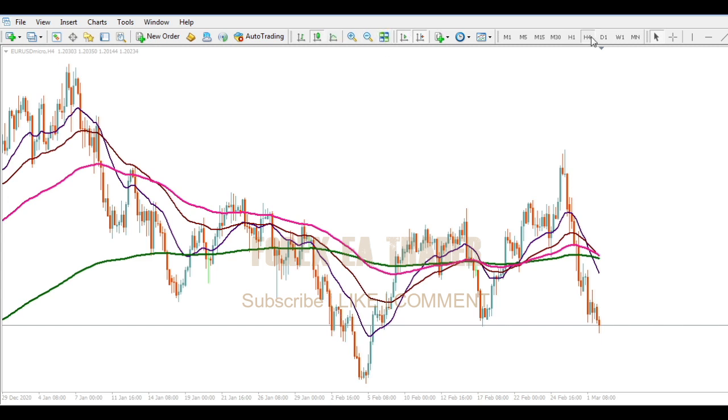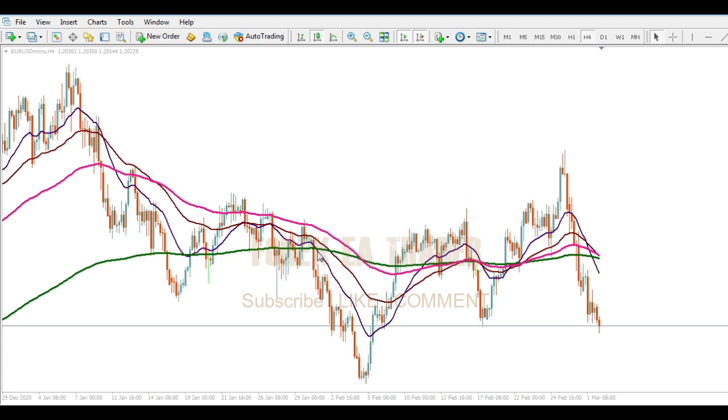And here price fell, you probably would have entered here, you would have collected your 142 pips easily.